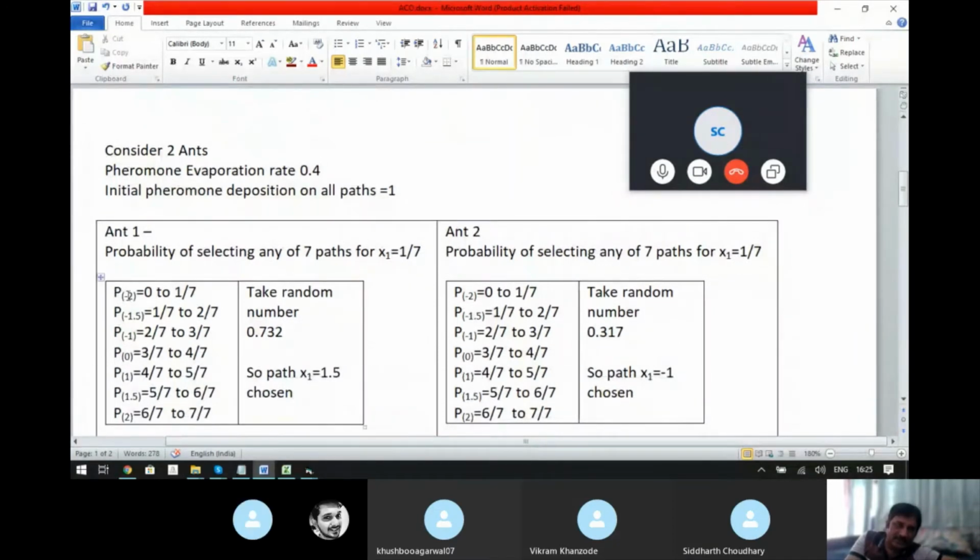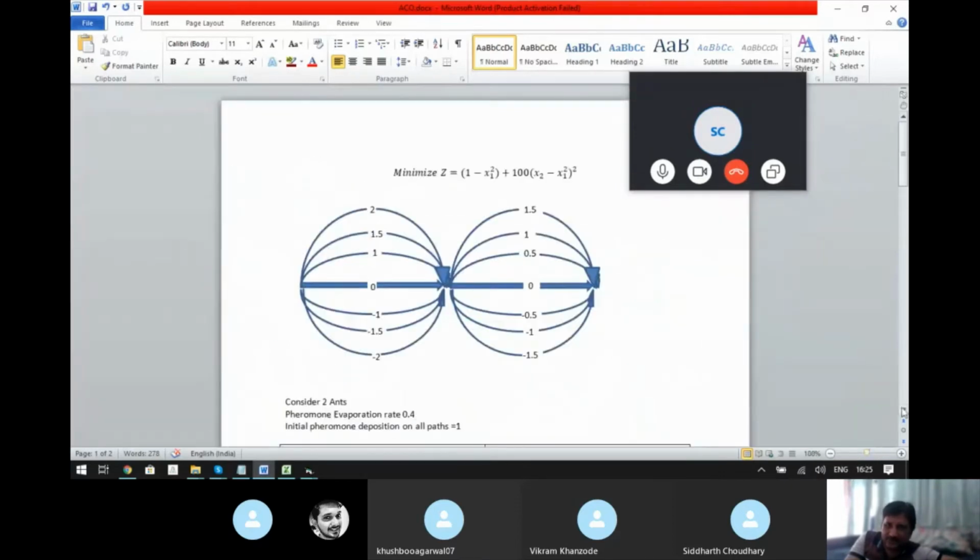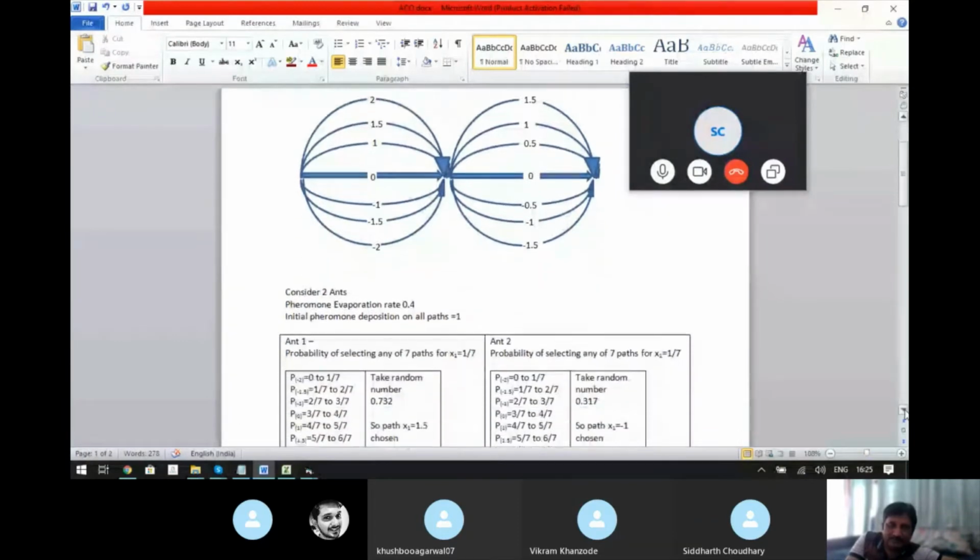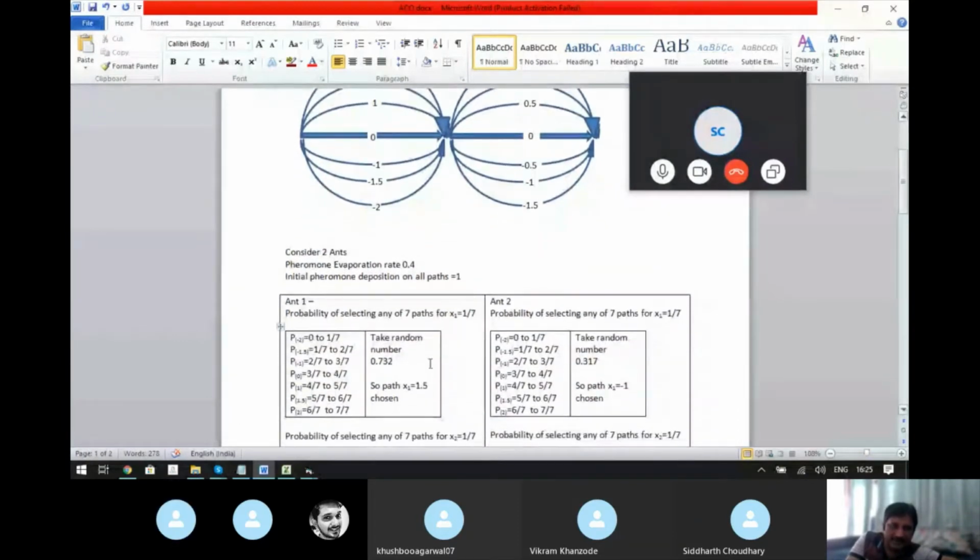So the probability of selecting the lowest path, -2, the cumulative probability for selecting this path is 0 to 1 by 7.